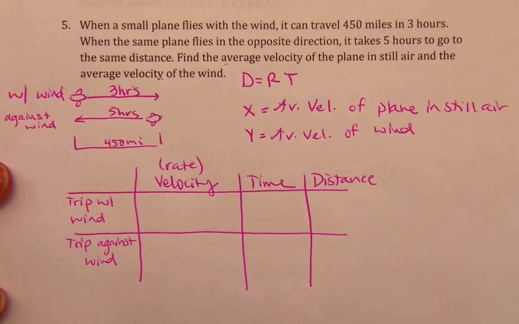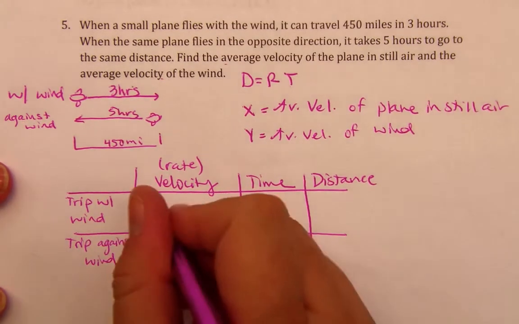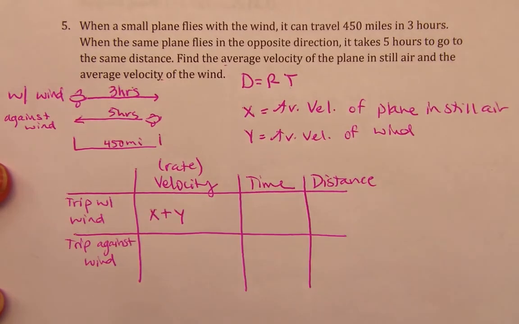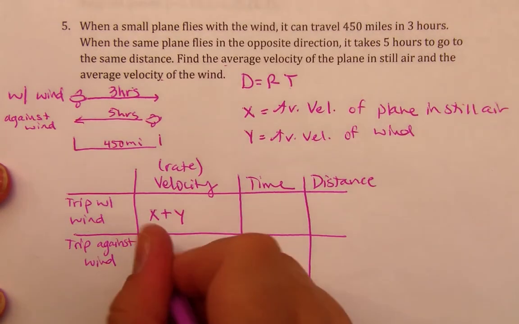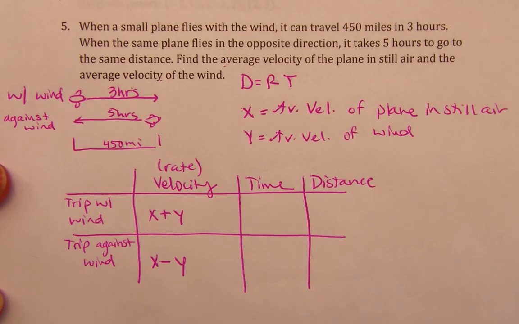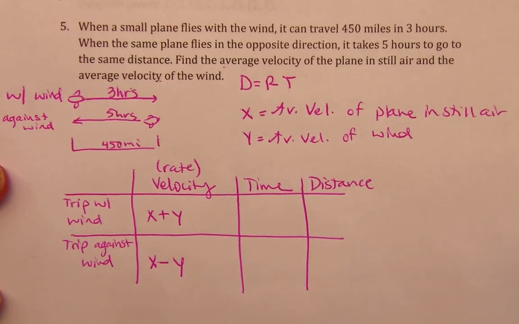Okay, so we're looking for the velocity of the trip with the wind. So that would be the velocity of the plane plus the velocity of the wind. Now, if that's what it is going with the wind, going against the wind is going to be the velocity of the plane minus the wind. And we know that the plane has to be faster than the wind.